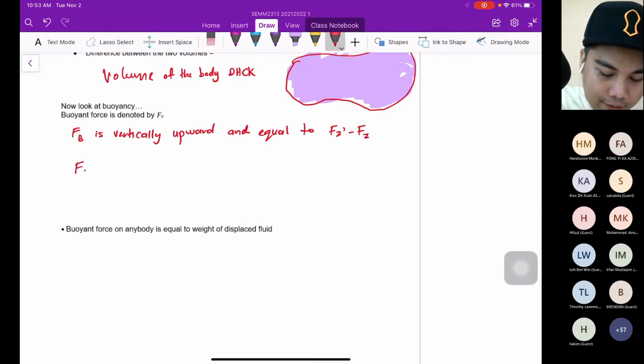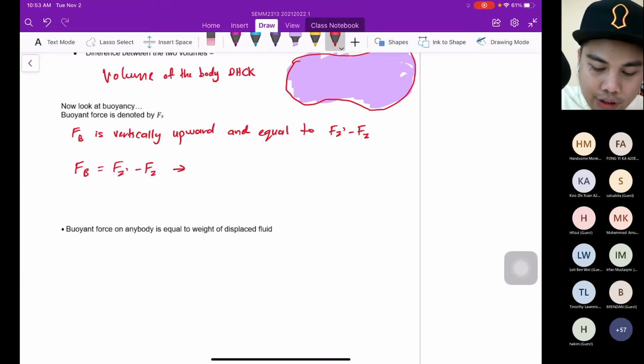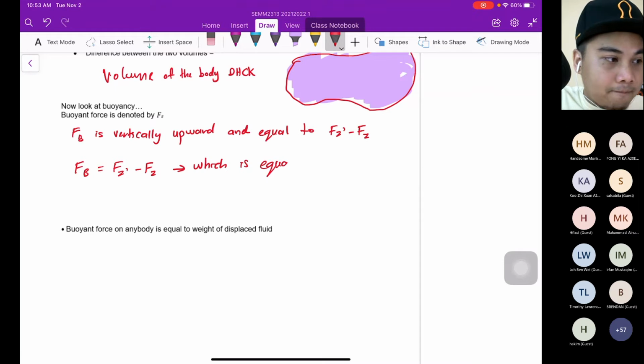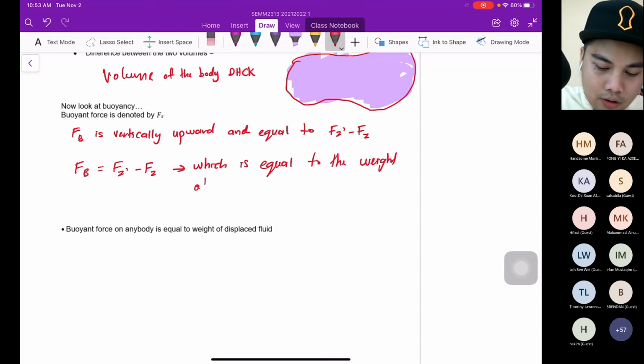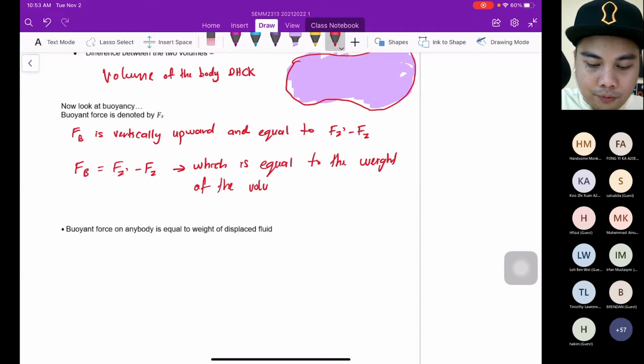So therefore, FB equal to Fz prime minus Fz, which is equal to the weight of the volume of fluid DHCK.